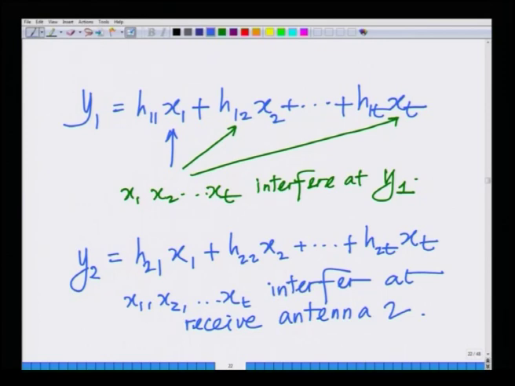So, x1, x2, xt interfere at receive antenna 1, they interfere at receive antenna 2, and they interfere in fact at each of the R receive antennas.